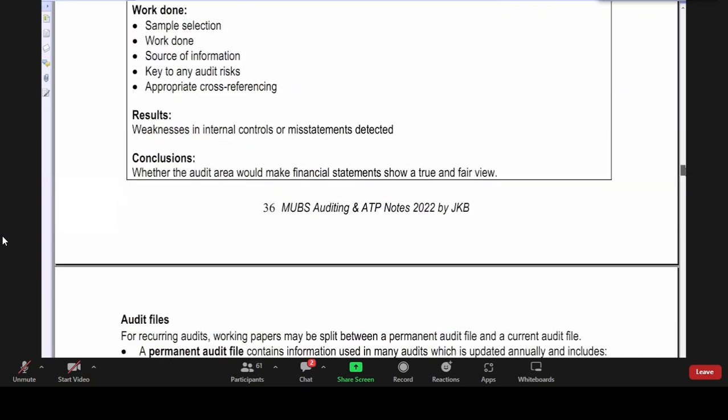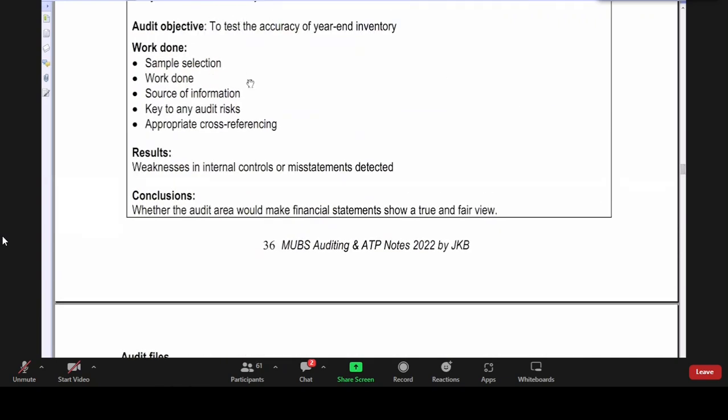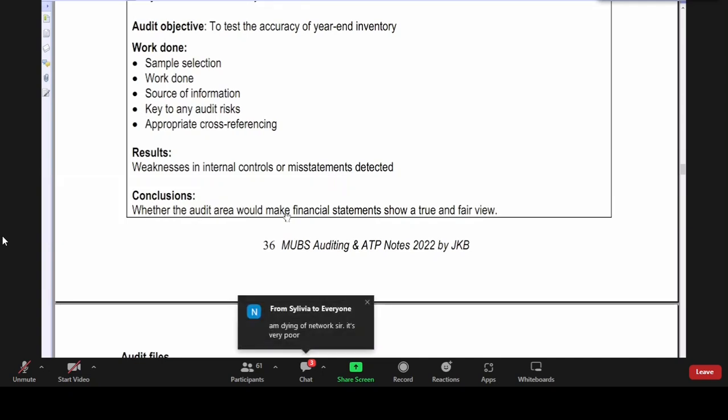Work done: you're going to select a sample, then look at the dispatch notes. The source of information will be the dispatch notes, with appropriate cross-checking. What results have you found? Weaknesses in the internal control system have been detected. Your conclusion: the area would make the financial statements show a true and fair view, okay?